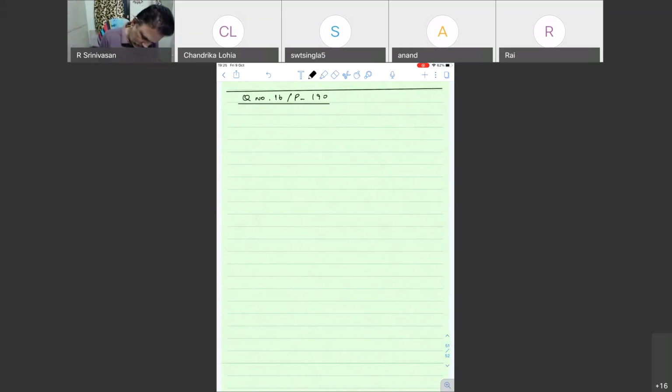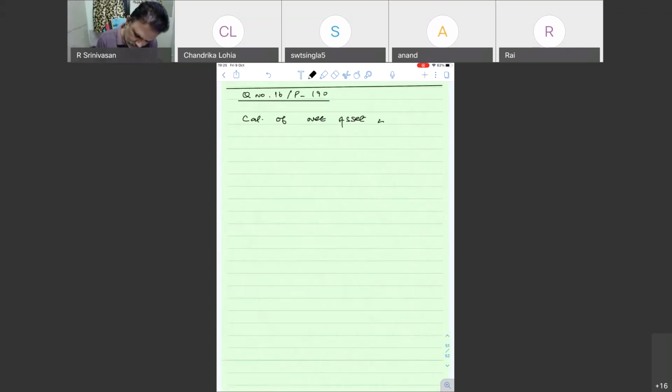Okay, so calculation of net asset, net asset excluding holding.